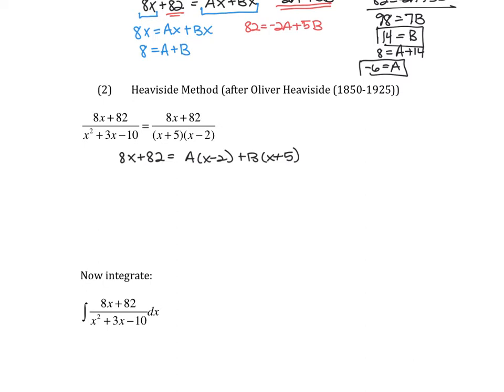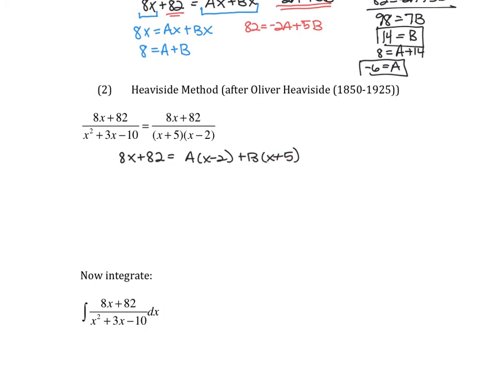So what we're going to do is look at the two factors that make up our denominator, and choose x values to eliminate either a or b. The x values that we're going to choose are based off of these linear factors.